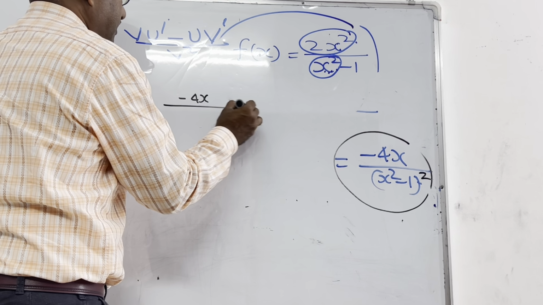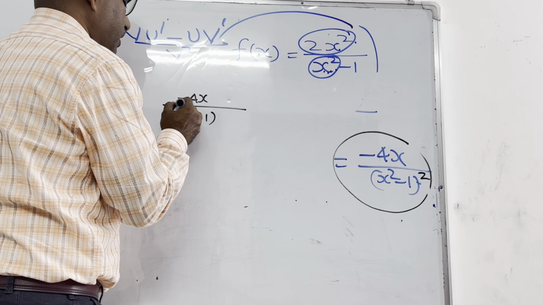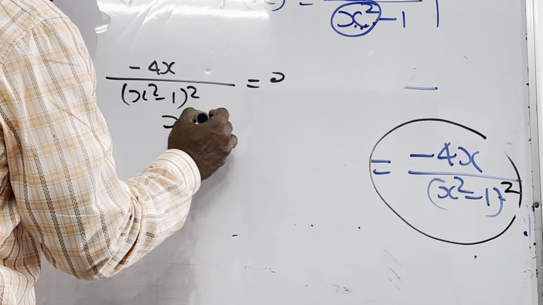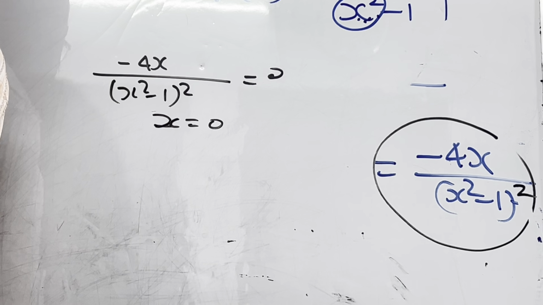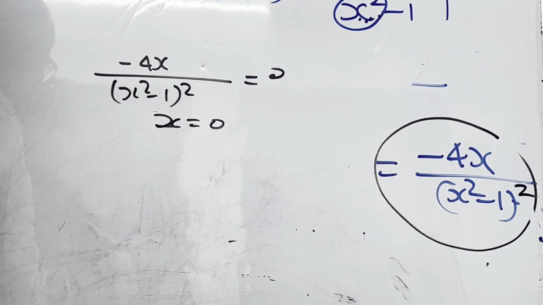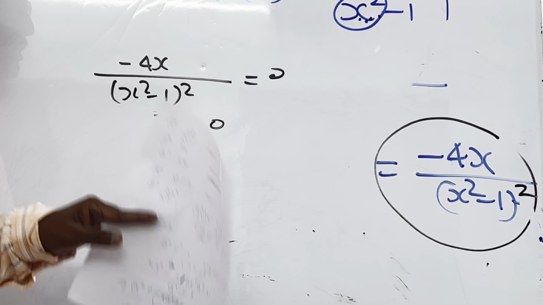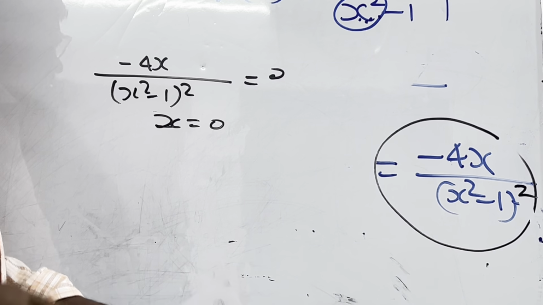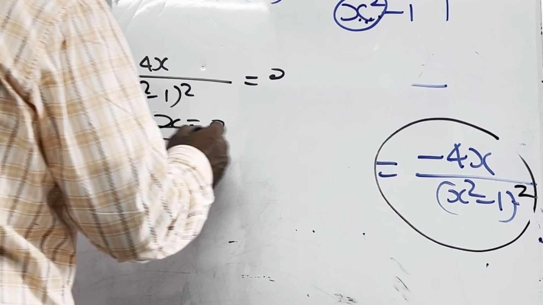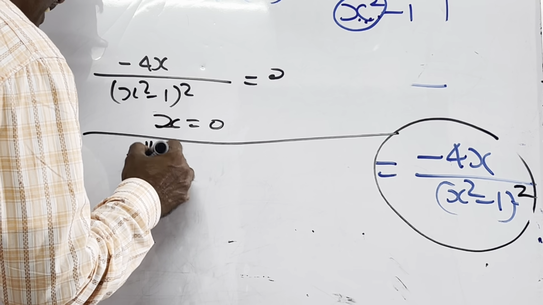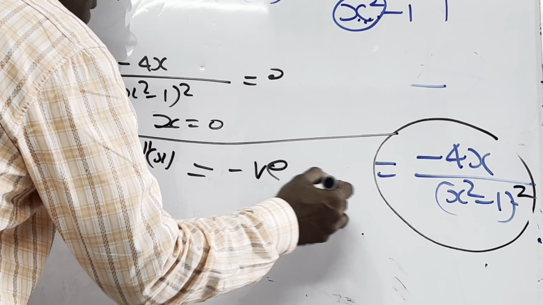Minus 4x over x squared minus 1 whole square is 0 when x is equal to 0, so it is a local maximum or local minimum. From the above 5 steps, we can conclude it is a local maximum, but we can prove it in another way. When f double dash x is negative, it is a local maximum.